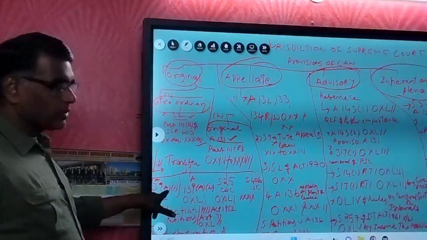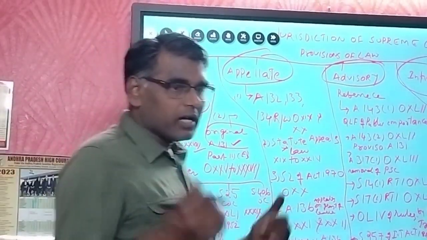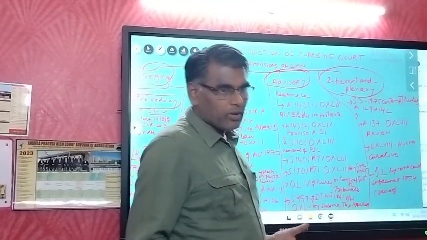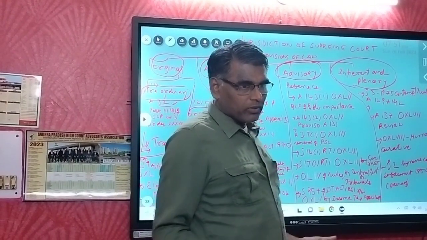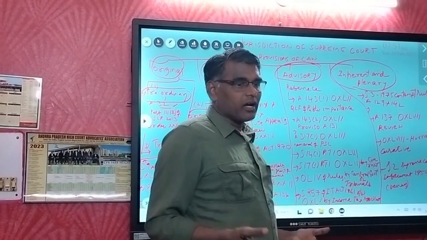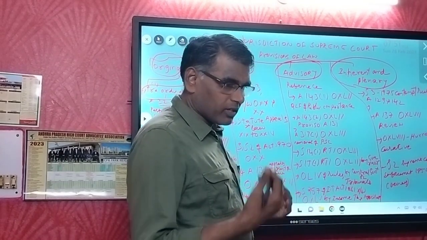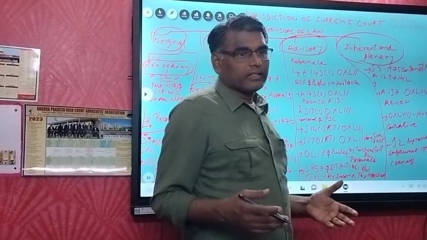Which type? Suppose some matters are pending in one high court, or matters are pending in two different high courts, and a similar matter is pending in the Supreme Court. The Supreme Court can call all the records and files from the high court or different high courts to decide the matter.